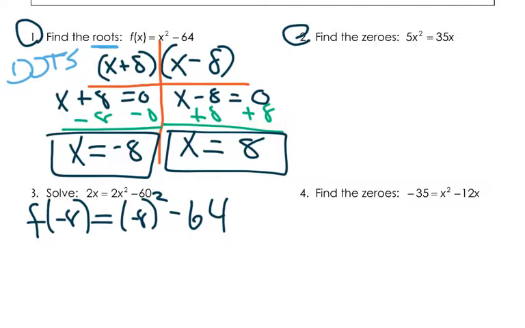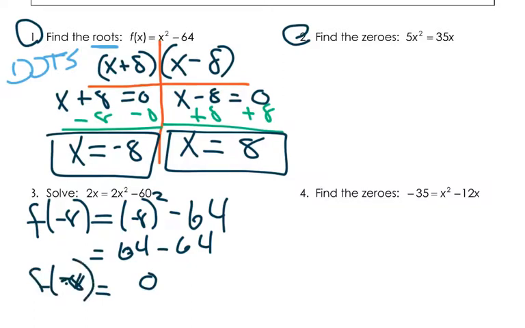Negative 8 squared is 64, so 64 minus 64 would give me 0. So when x is negative 8, we know that the y, the root, is equal to 0.